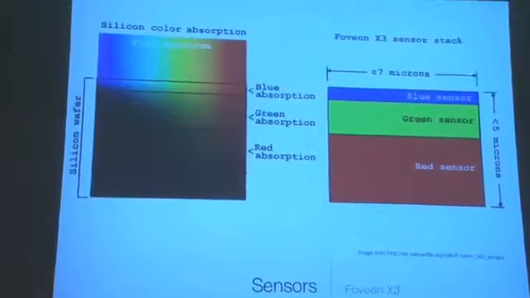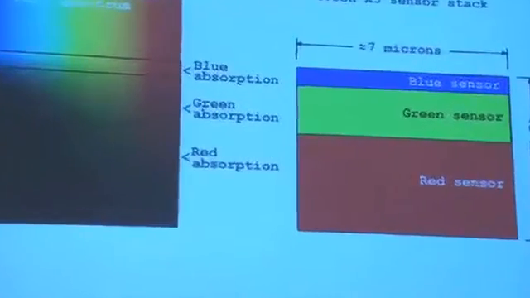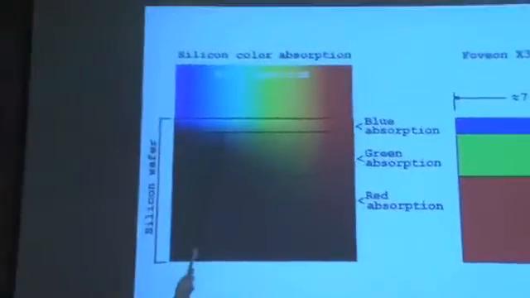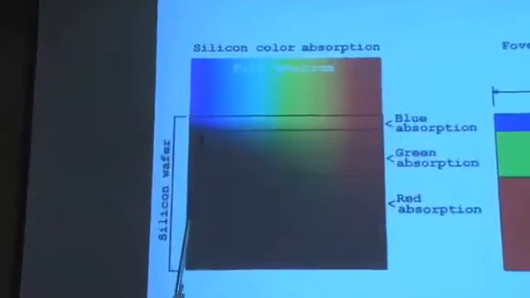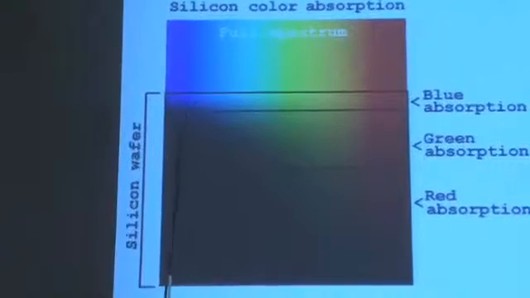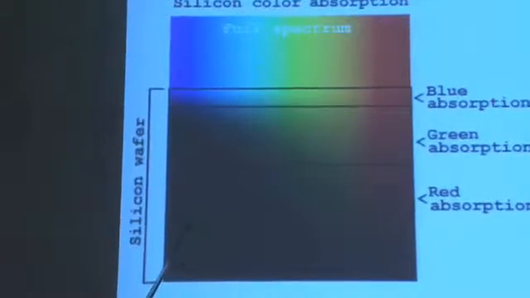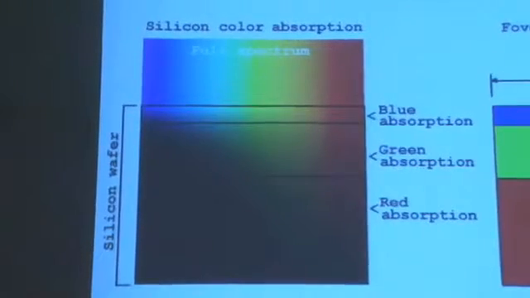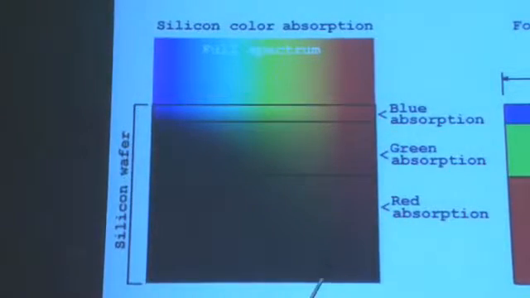And they analyzed how light is absorbed by silicon. And they found that as light travels through silicon, blue gets absorbed first and doesn't travel down very far. Then green gets absorbed next, and it only travels down maybe midway. And red light tends to travel the farthest through this layer of silicon.